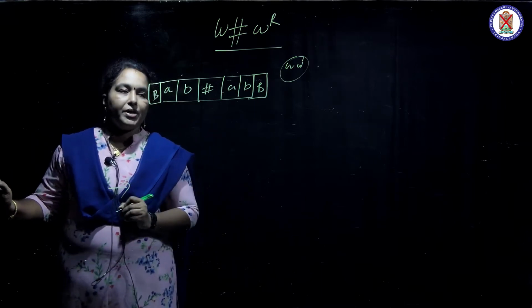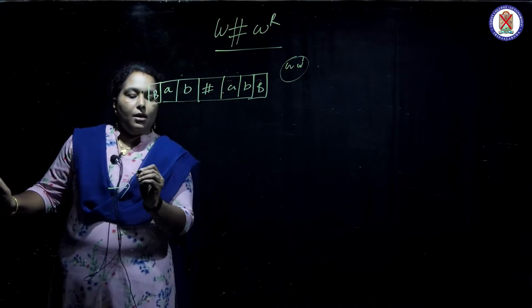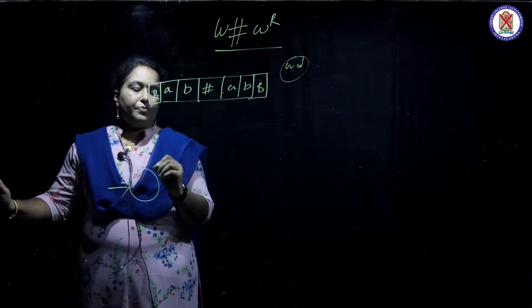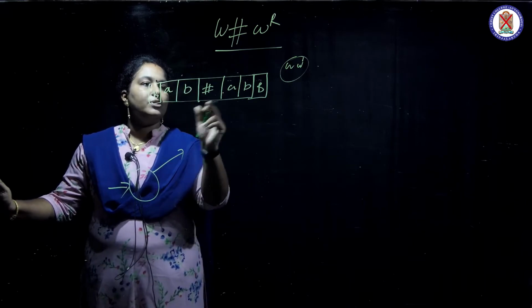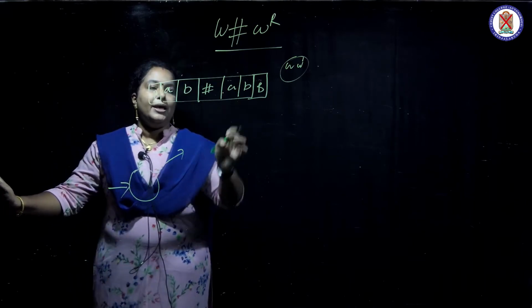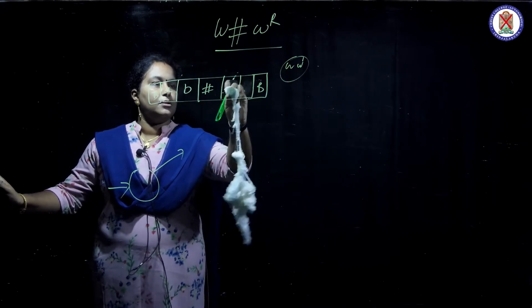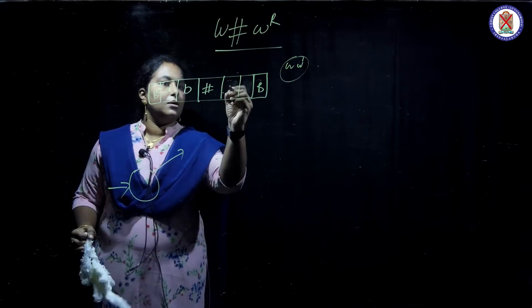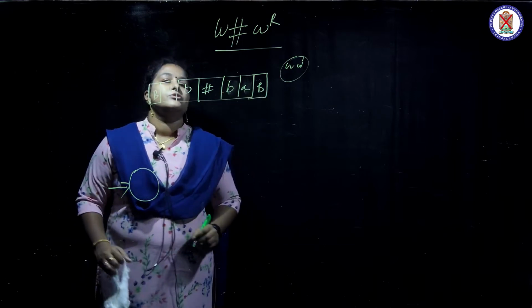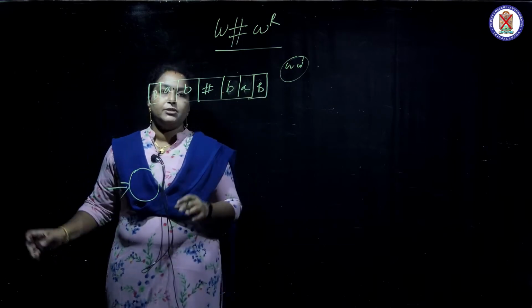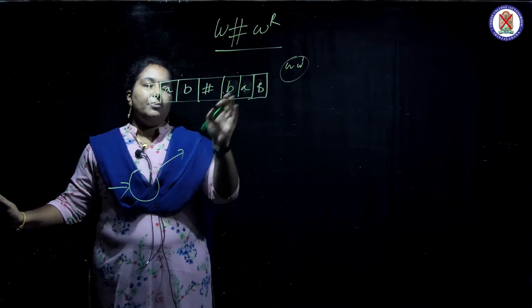Look at here, sorry, this grammar is not correct. Sorry, this is AB hash BA, I have made a mistake.